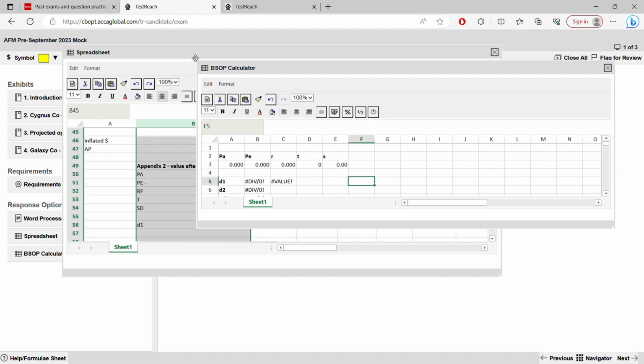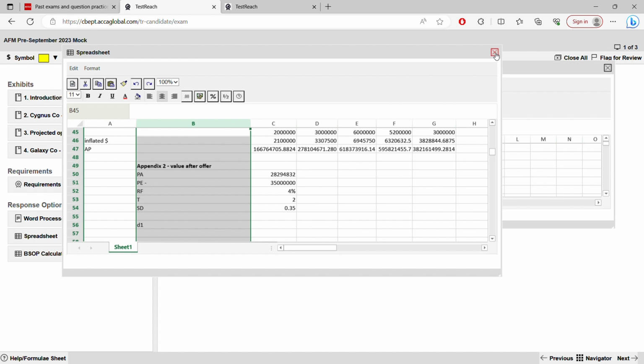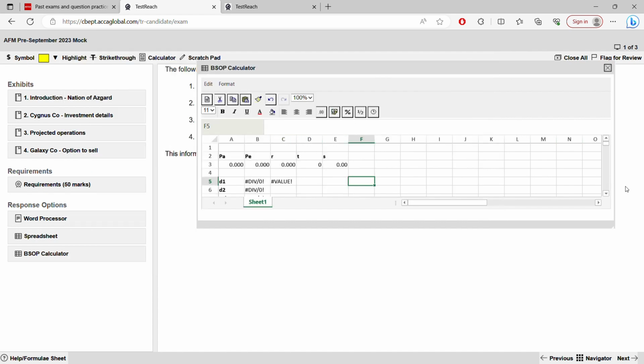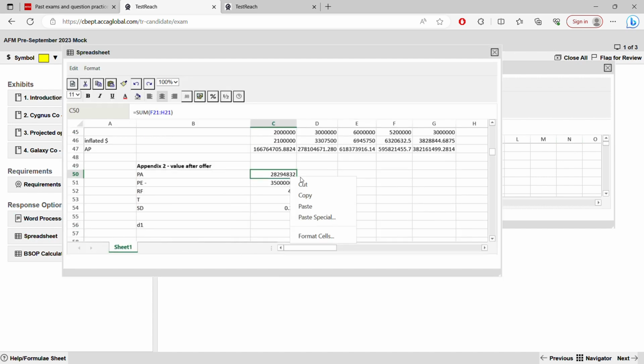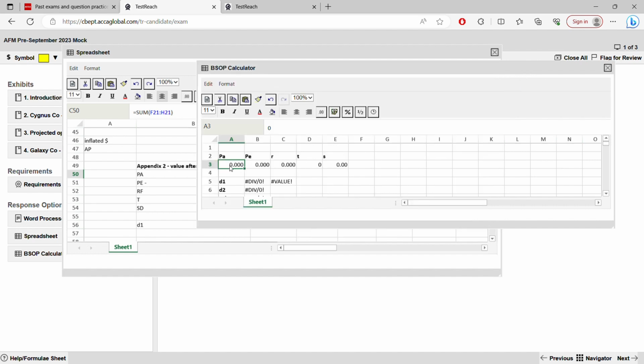Okay, I've got it. Listen. You have to first write here. Then only this will be opened. So PA, from the spreadsheet you can just copy. Copy this here. Paste. Okay, you have to first write the 5 variables here.